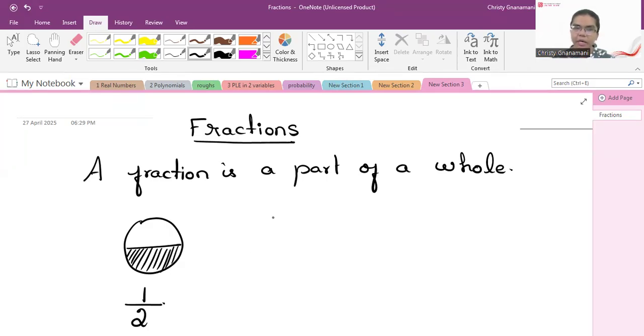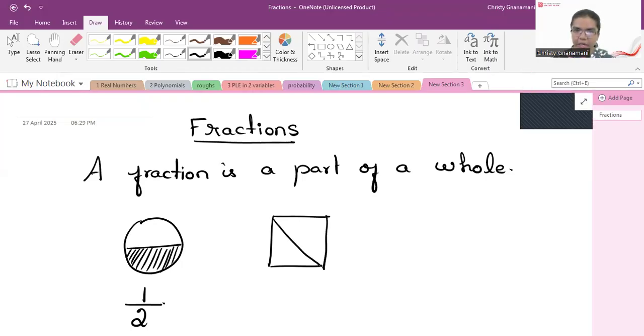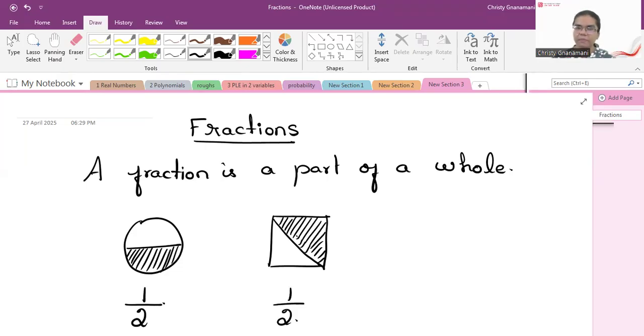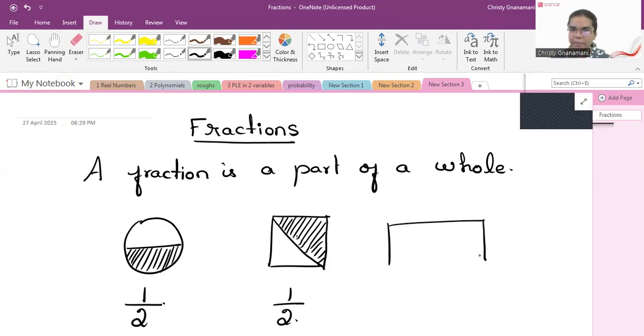So similarly, let me draw a square. And if you shade a part of this square, what part is represented by the shaded part? It is also 1/2, right? Okay. And similarly, let's draw a rectangle, and it's divided into 3 equal parts.